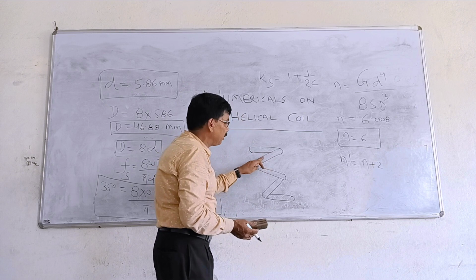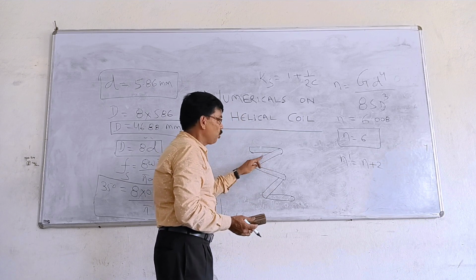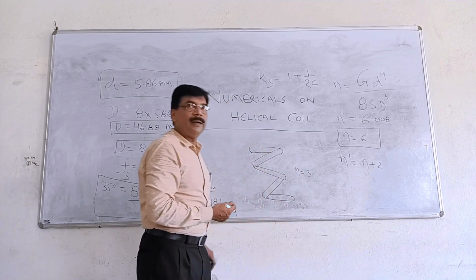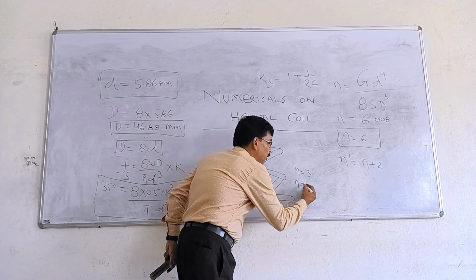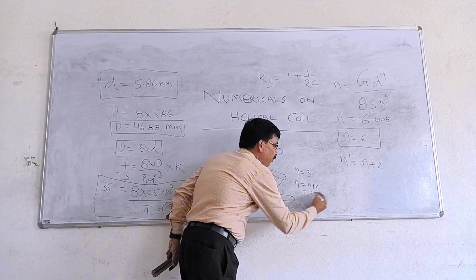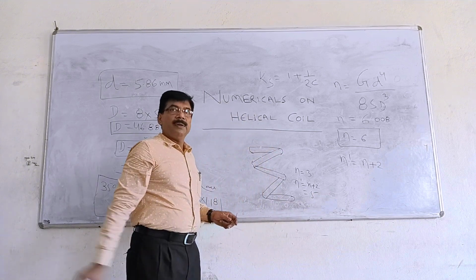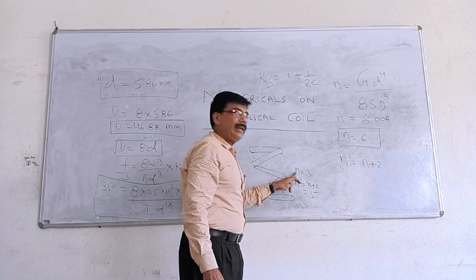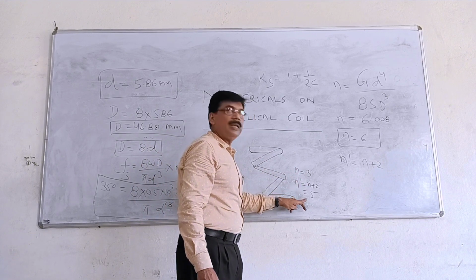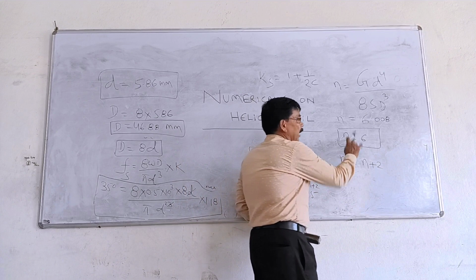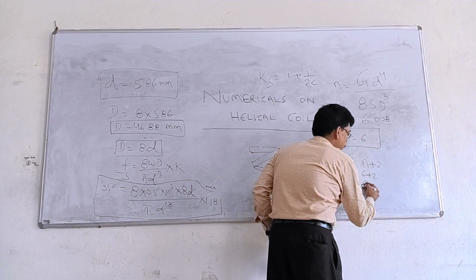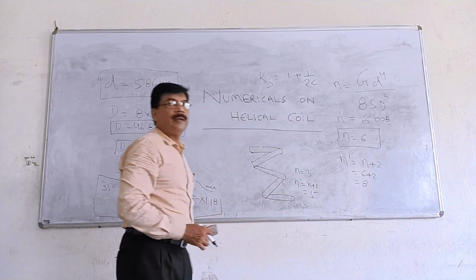Only 3 coils are deflected. So here n is equal to 3 and n dash is equal to n plus 2, that means 3 plus 2, 5. So n is the active coil and the actual number of coils is 5. Here our active coil is 6 and n dash is equal to 6 plus 2.